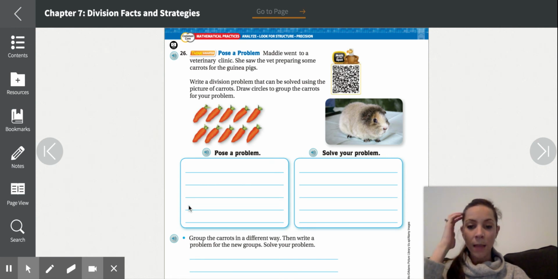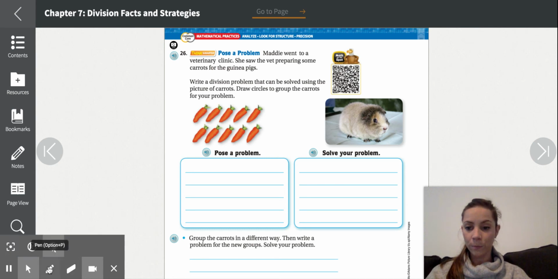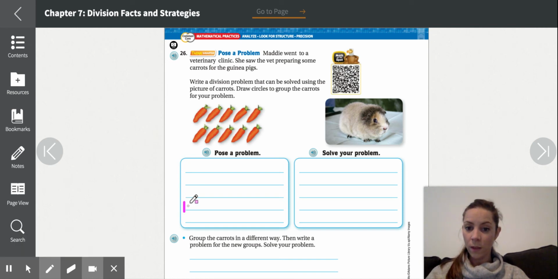Okay. And then usually when we do the question for any type of math word problem, you usually start with how many, especially if you're doing a division problem. So the question at the end would probably ask them how many.